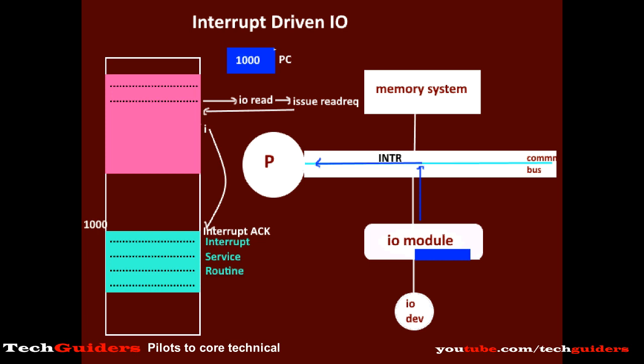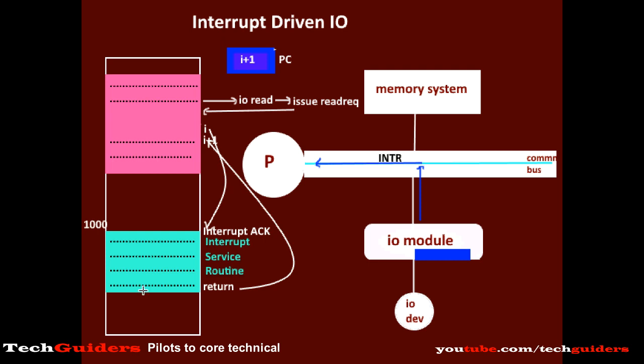Then the interrupt service routine is executed, and by the time the routine is completed, proper steps will be taken to load the program counter with the saved address. This will return the control of processor execution back to the correct point to be resumed. This is how a basic interrupt-driven I/O works.